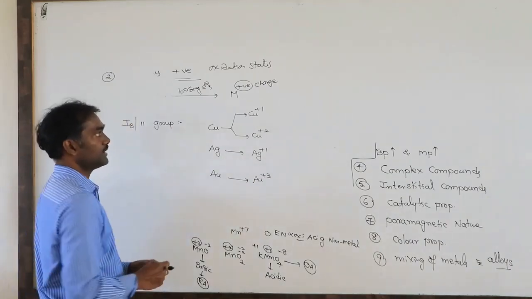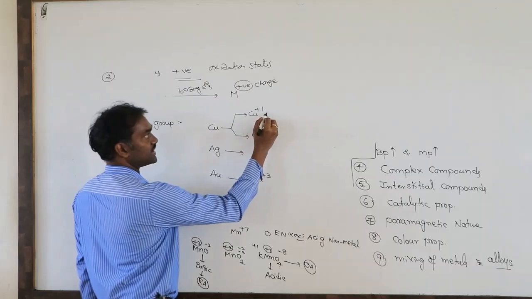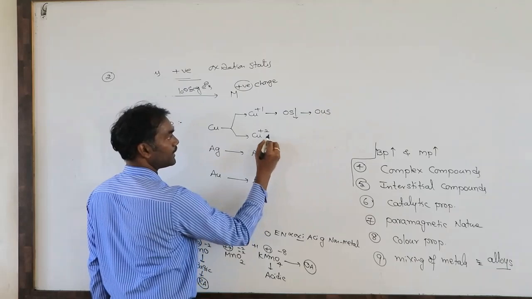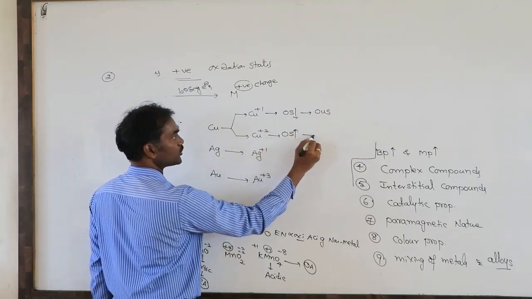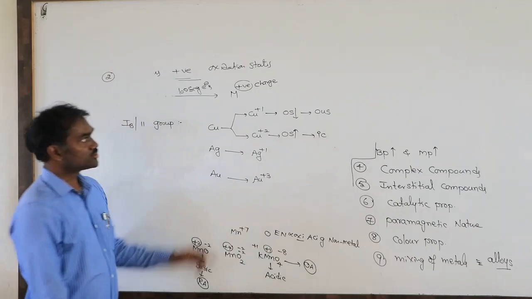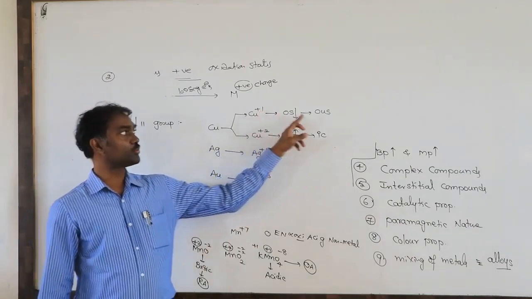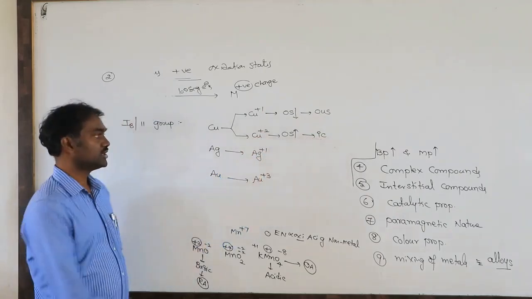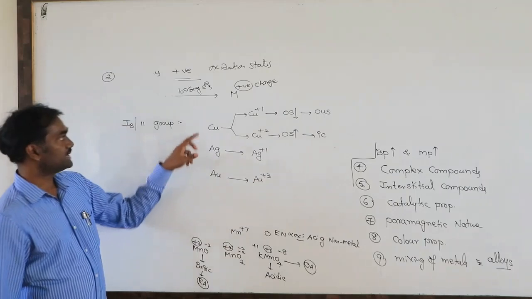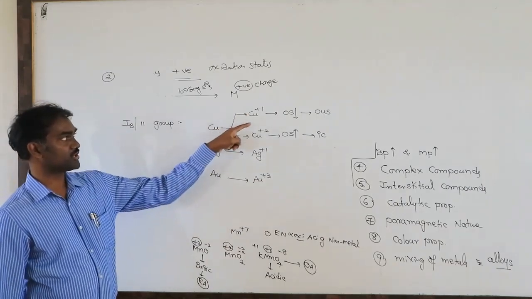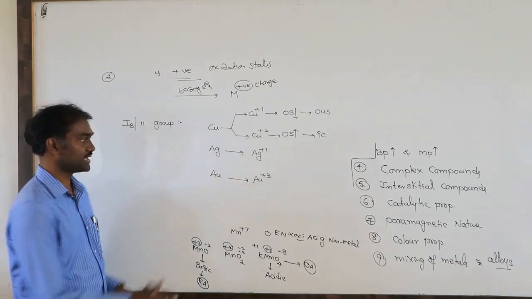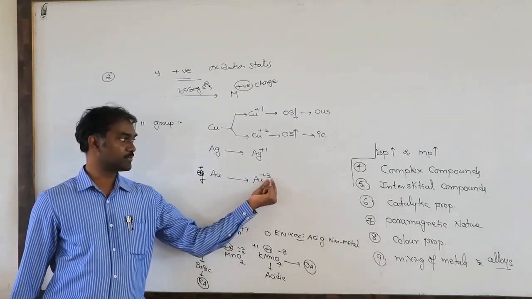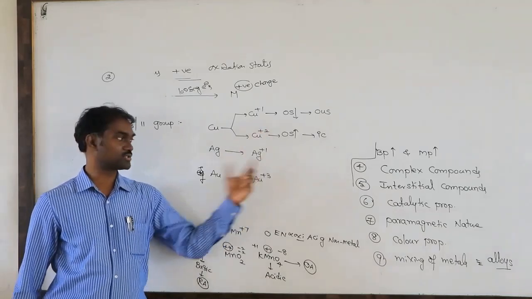The lowest oxidation state you call as -ous, the highest oxidation state you call as -ic. So Cu plus 1 is cuprous, and Cu plus 2 is cupric. Silver shows plus 1. These three elements show three different oxidation states, so concentrate on gold: its oxidation state is plus 3, not plus 1 and plus 2.